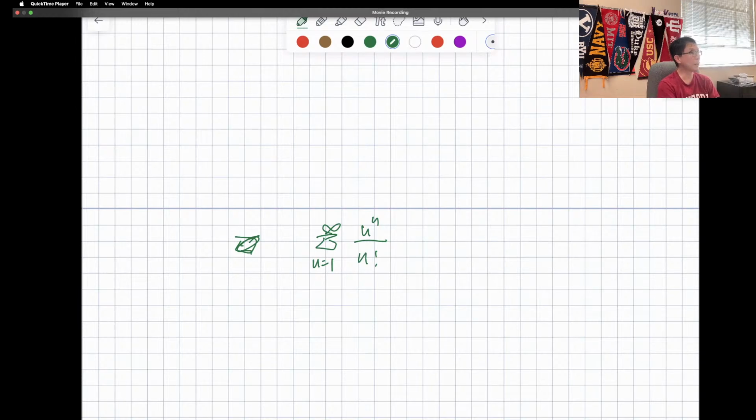So how many people know which one goes faster? Wesley, which one goes faster? n to the n, good. But now we're going to prove it.